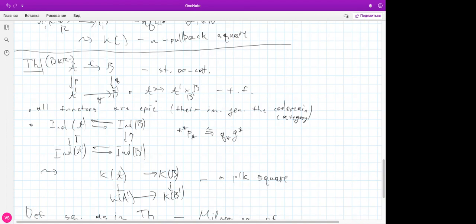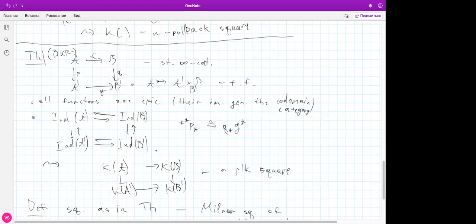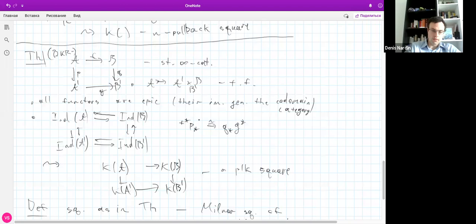If you assume that everything is representable, I think you'll also have the condition that all functors are epimorphic. And this condition and this condition correspond to some condition on stacks, essentially the same condition as we wanted in the beginning. There is another question.